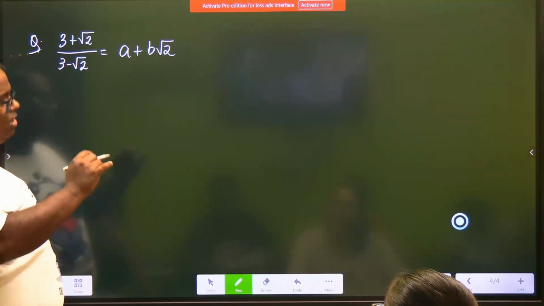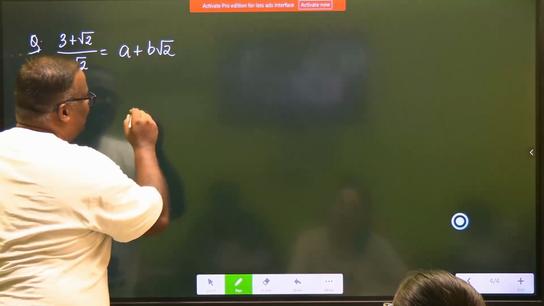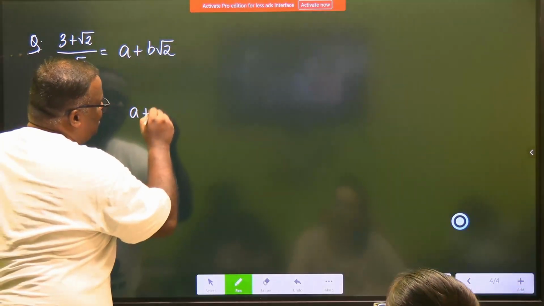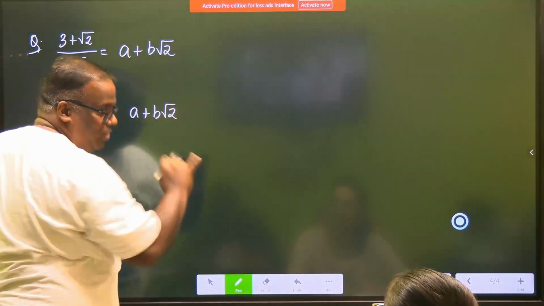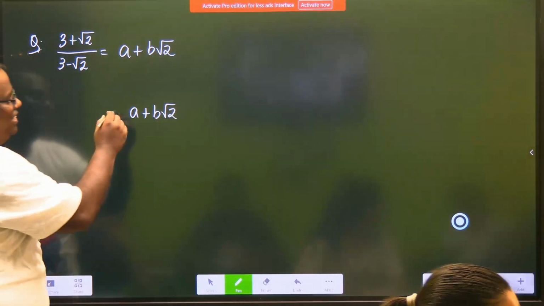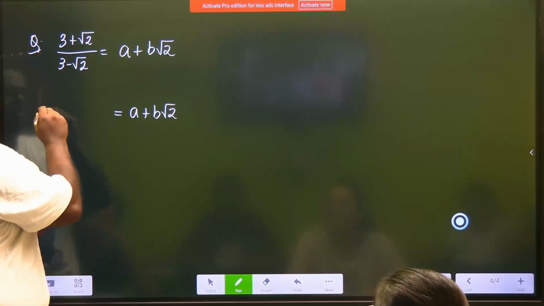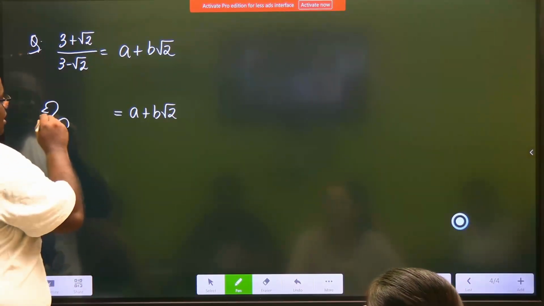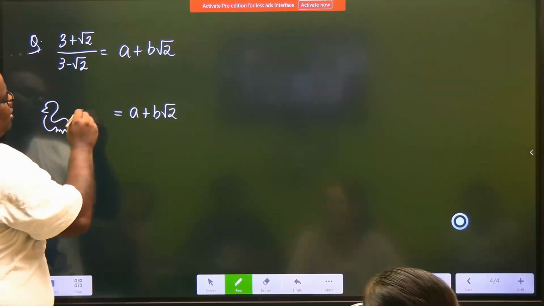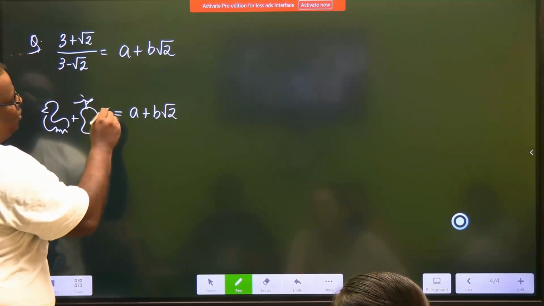So you remember, you take it like this. They have asked you to find out a plus b root 2. Okay, don't do the problem. Okay, we solve this. After we solve this, we get something like this. See, we get a duck, and we get a mango, and we get a root 2.